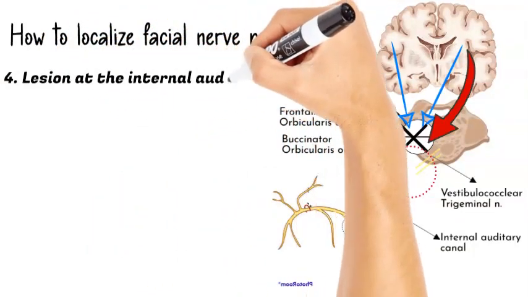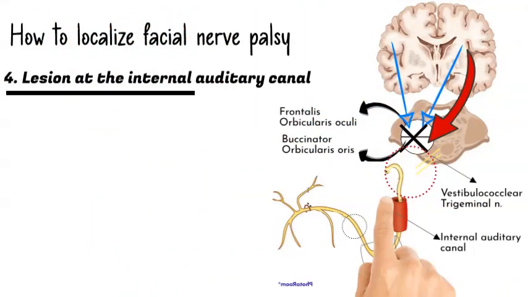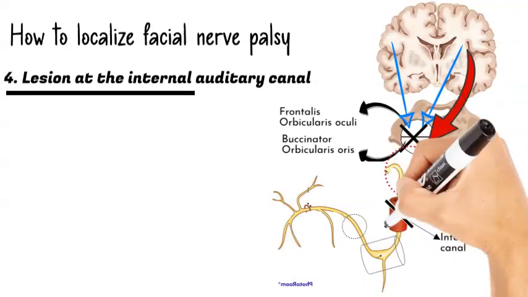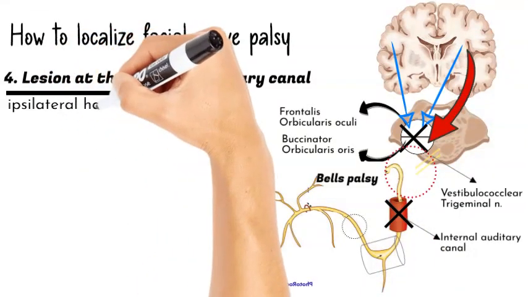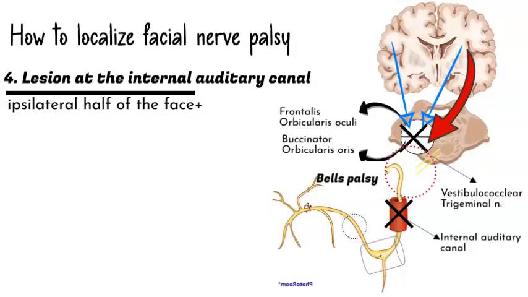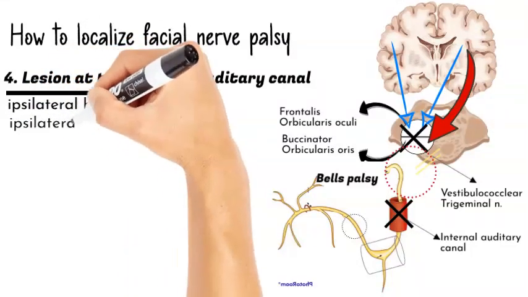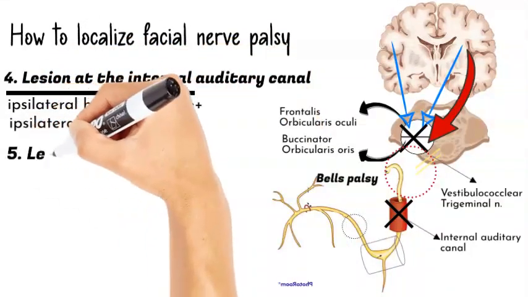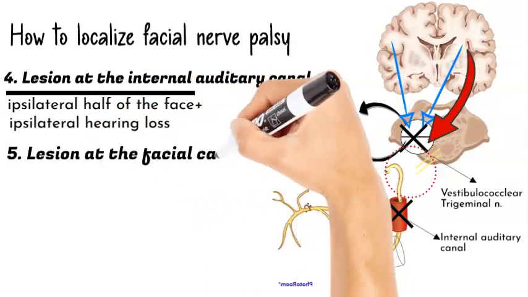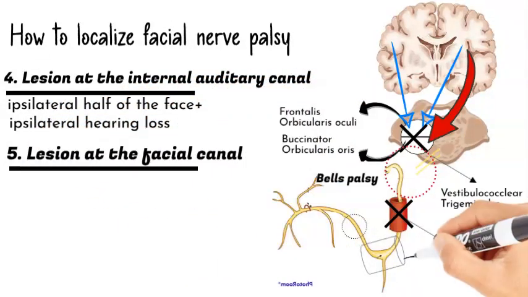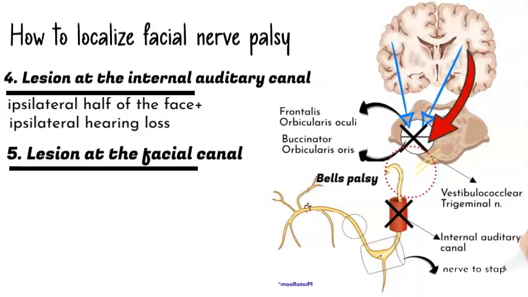A fourth possibility is a lesion at the internal auditory meatus. Here the patient will have paralysis of the ipsilateral half of the face together with loss of function of the vestibulocochlear nerve, causing hearing loss. The fifth possibility is a lesion in the facial canal.